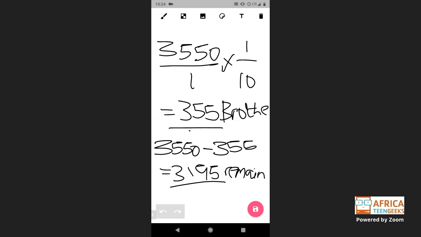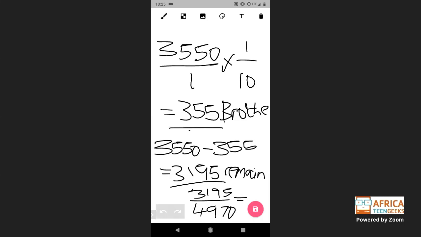The question was also, what is the fraction for this person? So what is the fraction for this amount right here? So let's write the fraction then. So the fraction is 3,195 over 4,970.